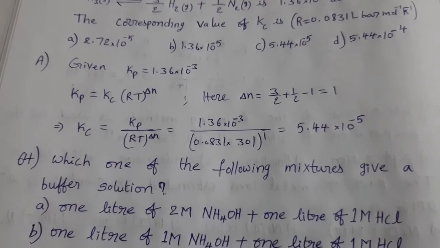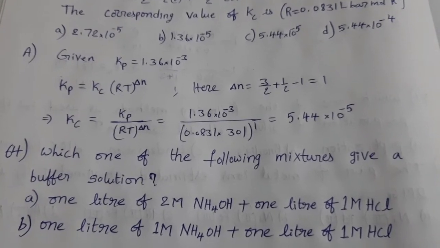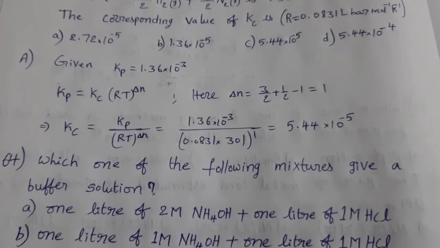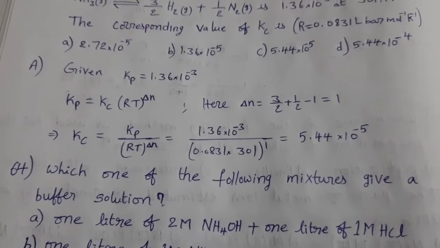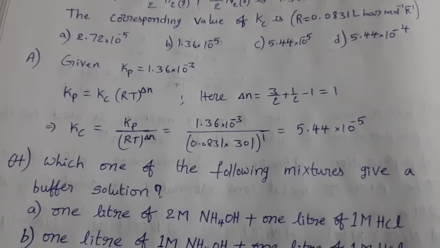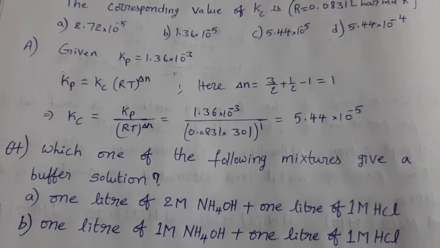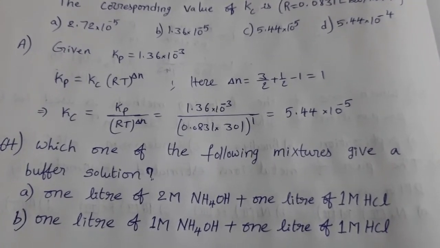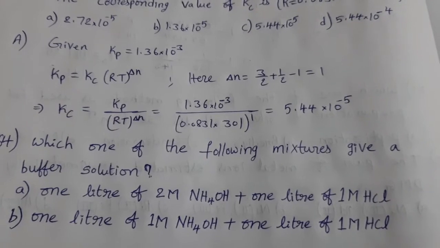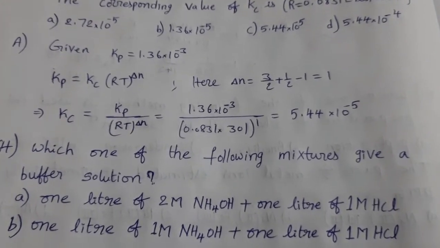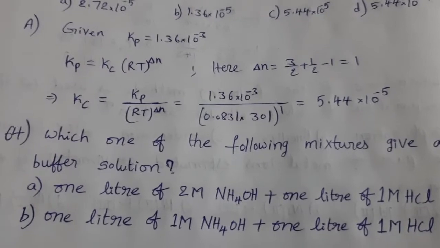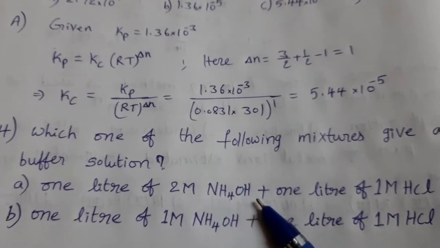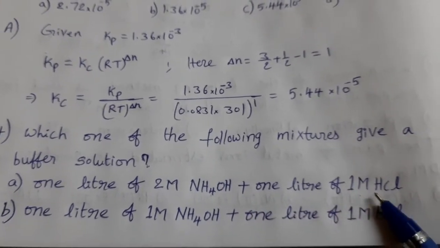Next, which one of the following mixtures gives a buffer solution? Buffer solution means a weak acid and its salt with a strong base, that is an acidic buffer, or a weak base and its salt with a strong acid, that is a basic buffer. In the given four options, see here, option A: 1 liter of 2 molar NH4OH plus 1 liter of 1 molar HCl.